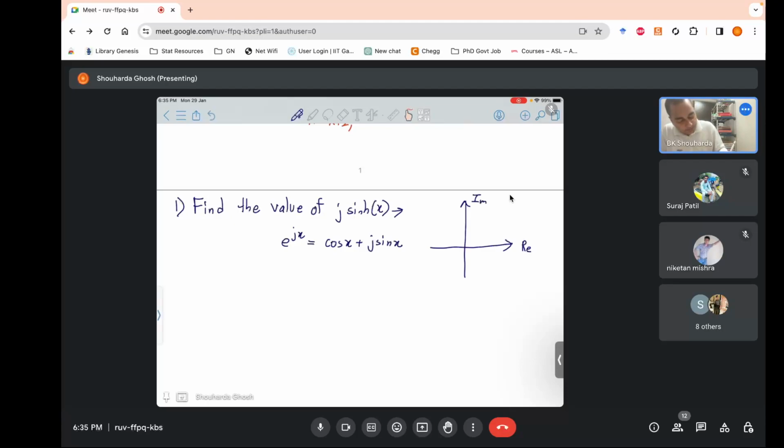Let's say we have a circle, called the unit circle of radius 1 unit, and this is e to the power jx. Any complex number is of the form r e to the power j theta. R is the distance from the origin, and theta is the angle with respect to the x-axis. In this case, e to the power jx, the radius r is 1.